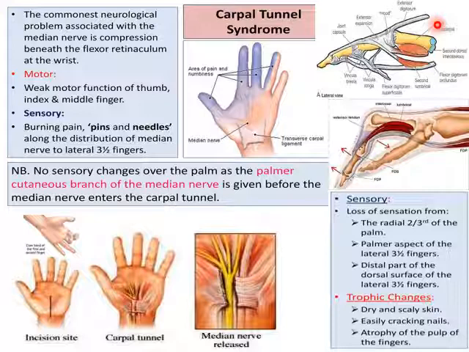That is the reason the action of lumbrical is flexion at the metacarpophalangeal joint, along with the action of the long flexor muscles, and extension of interphalangeal joints, which is because of the action of the extensor digitorum.